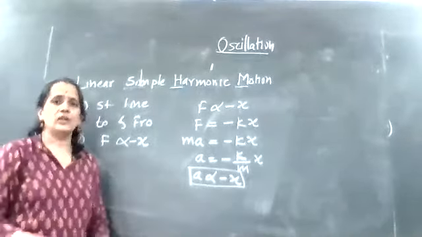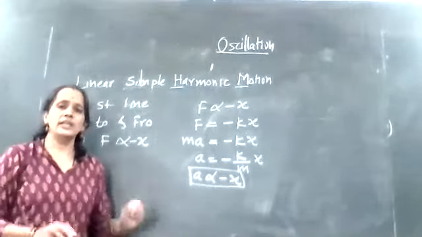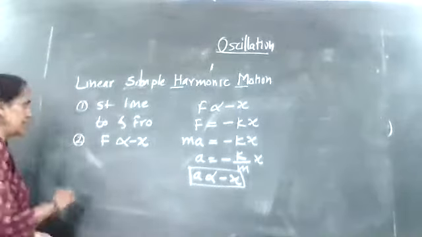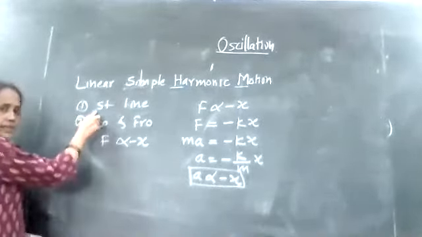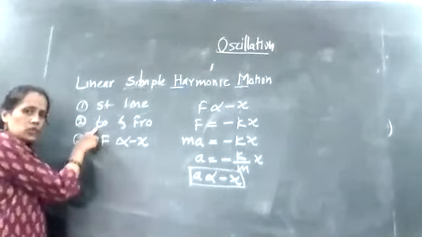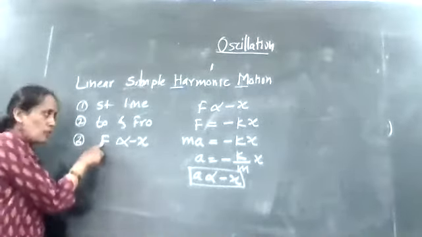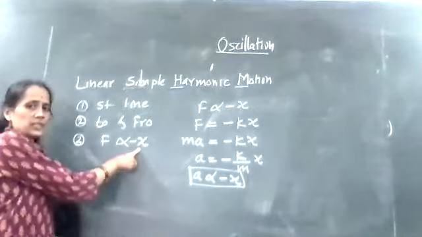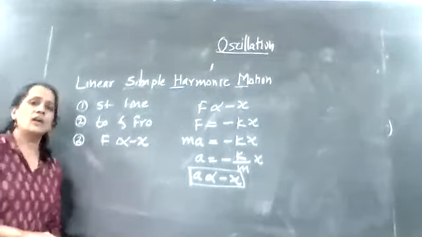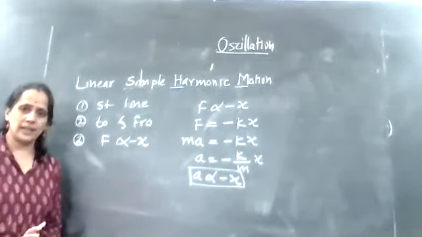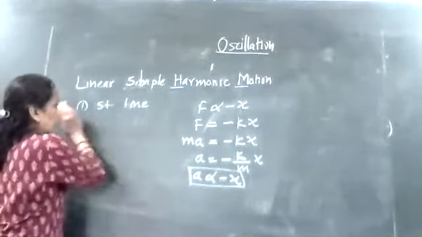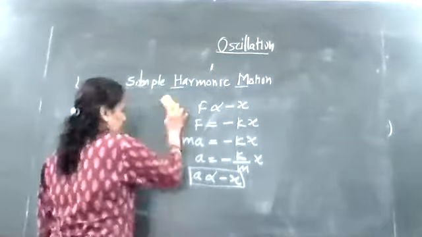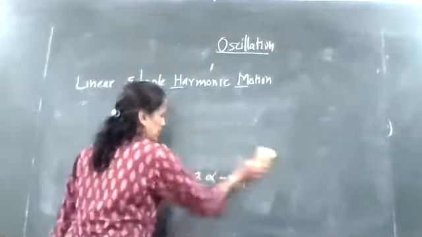In that manner, you can define linear SHM. So in linear SHM, these three points are important: straight line motion, to and fro motion, and force directly proportional to displacement but in the opposite direction. Clear?